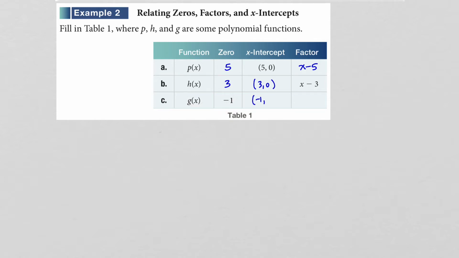That means that the point negative 1, 0 is an x-intercept, and x minus negative 1 is a factor. And of course, x minus negative 1 is also the same as x plus 1. So if you know the zeros of a polynomial, you know the factors, and you also know the x-intercepts. So all 3 of those things are basically synonymous with each other.